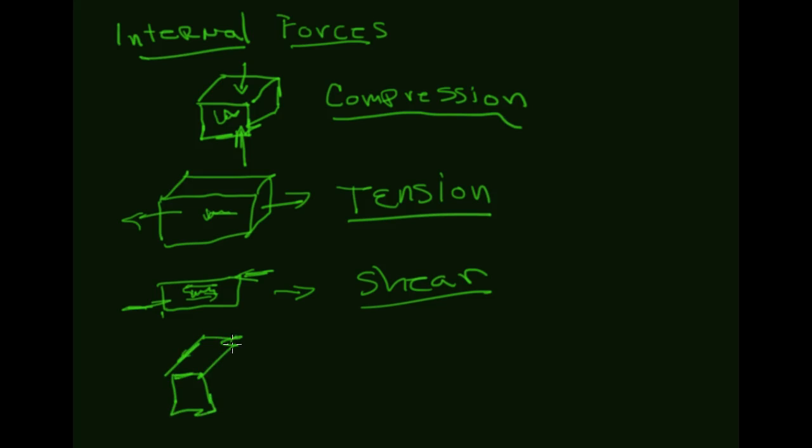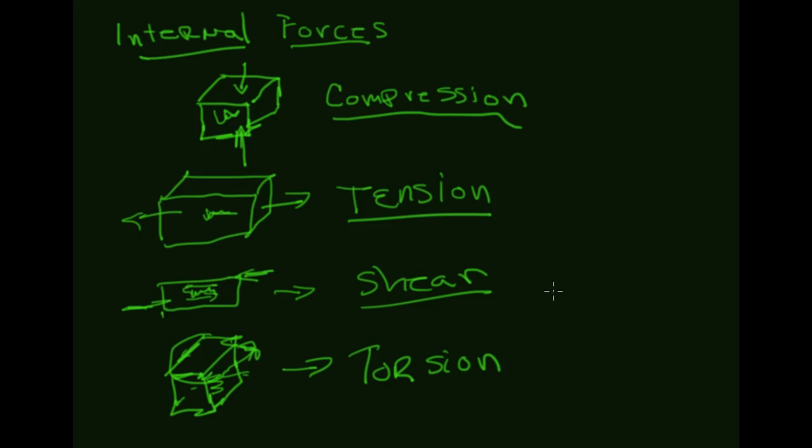And the last one is the idea that we take part of the object and hold it still, and then we take the top and twist it. What's going on inside the object is what we call torsion. So the motion inside of twisting is torsion.